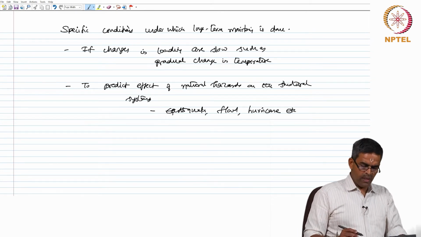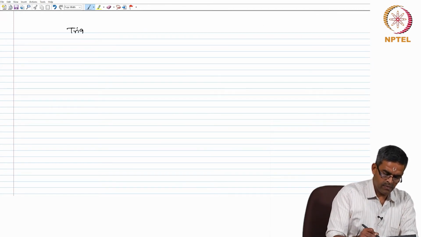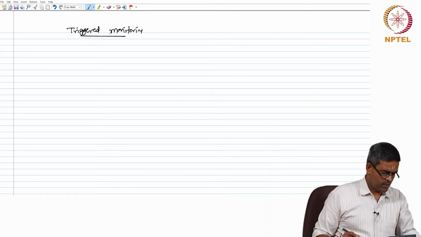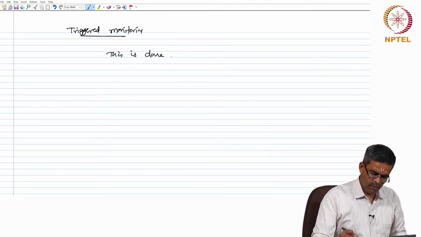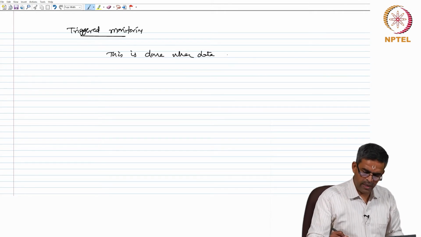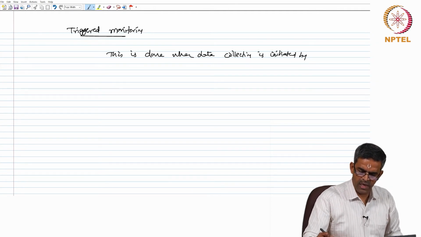The third could be a triggered monitoring. This is done when the data collecting is initiated by a specific event.